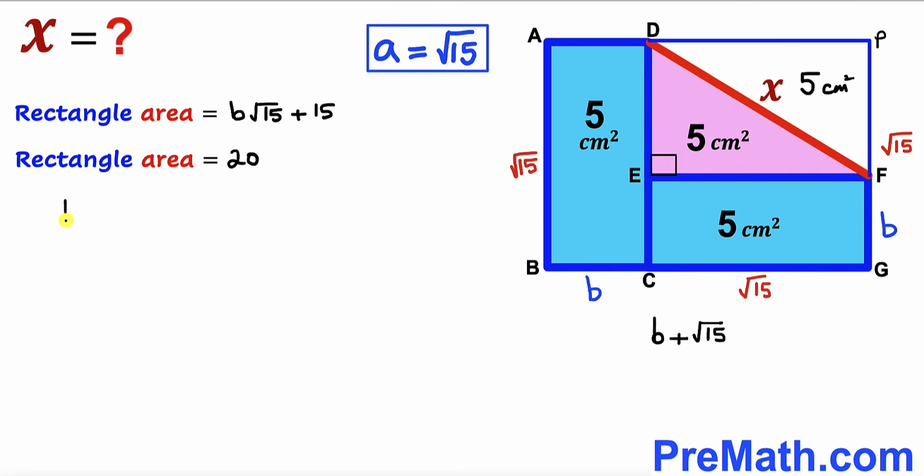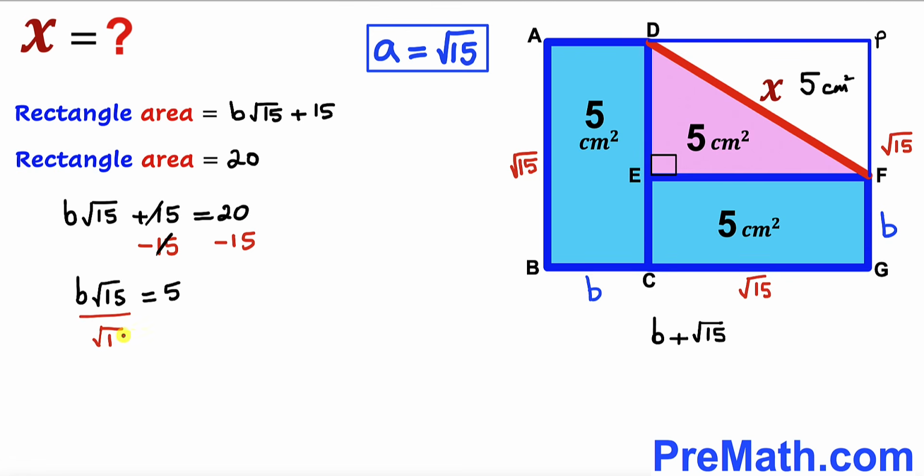Now we are going to compare these two equations. Therefore we can write b times the square root of 15 plus 15 is going to be equal to 20. Now I'm going to subtract 15 from both sides, and here we can see they are gone. Now I'm going to divide both sides by square root of 15 to isolate b, and here we can see they are gone.